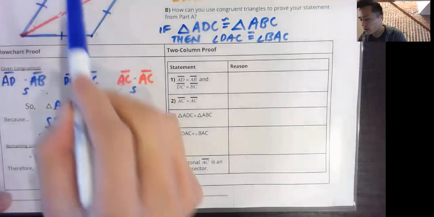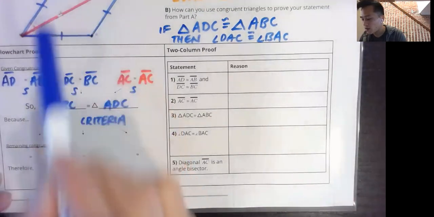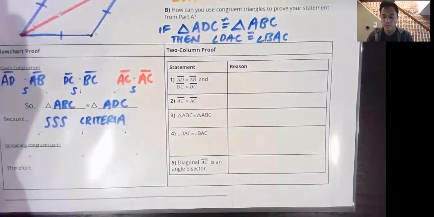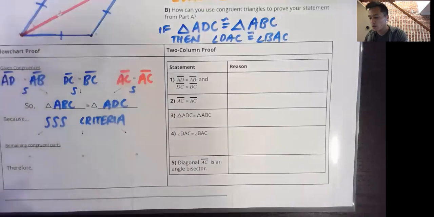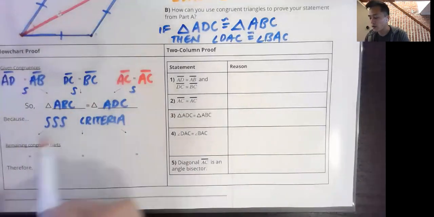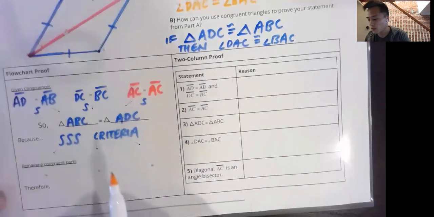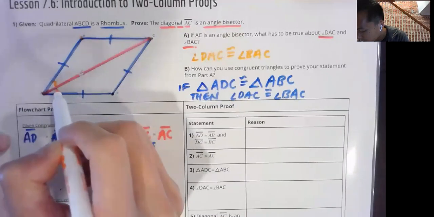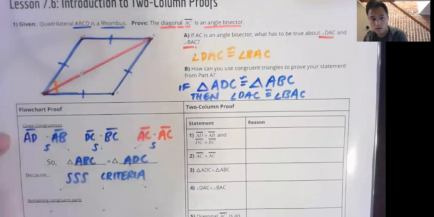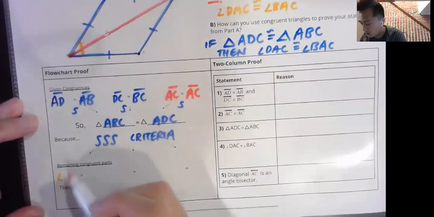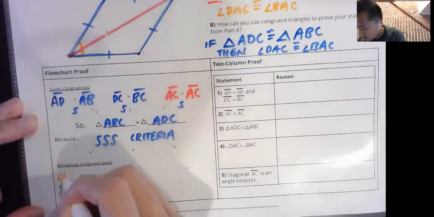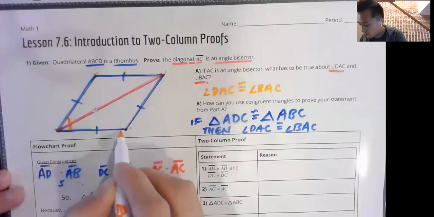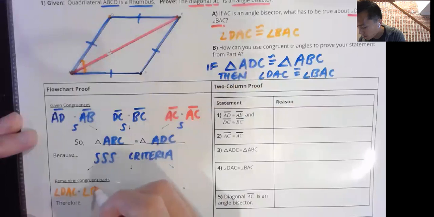Now that we've proven that these two triangles are congruent, I can also list all of the remaining parts that are congruent. Well, if the three sides are congruent, then the three angles also need to be congruent. So this angle here is going to be congruent to this angle here. So I can say angle DAC is congruent to angle BAC.